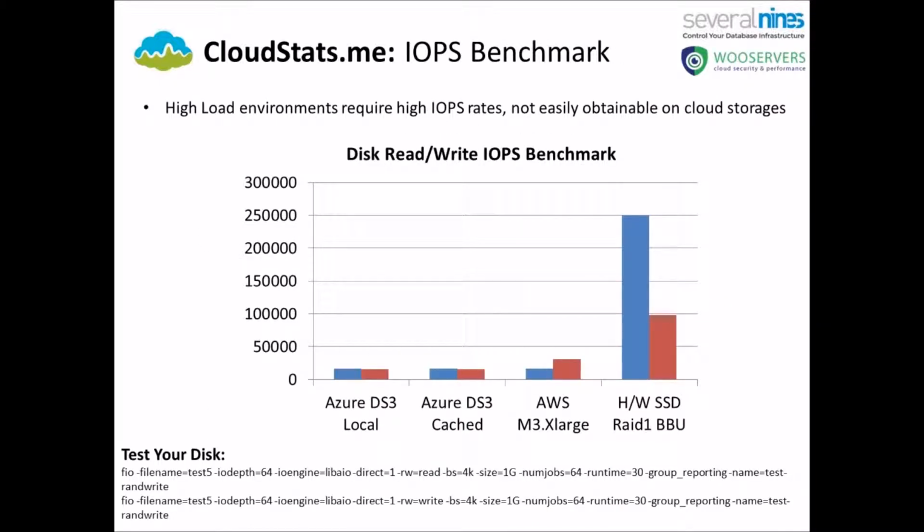But of course, some of you will wonder about the storage choice and why we decided to store it on local SSD drives. This is the IOPS benchmark of various public clouds like Amazon AWS and Microsoft Azure.